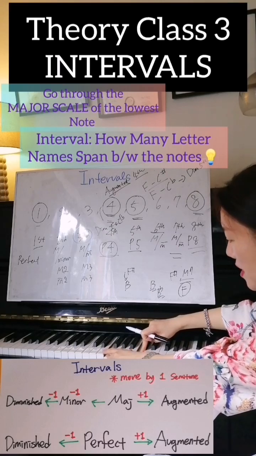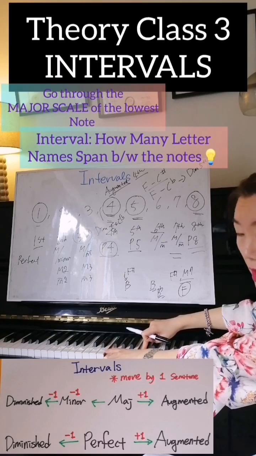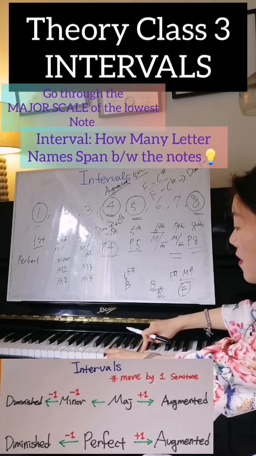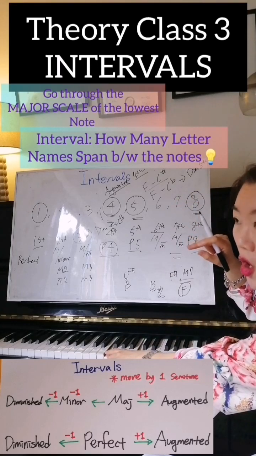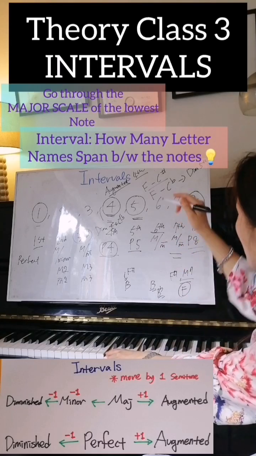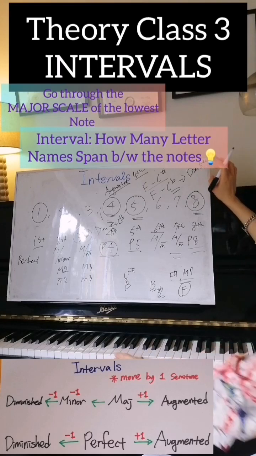You cannot say B because it's fifth. If you're trying to maintain the fifth interval, you must use the letter name fifth above F. Remember that the number of interval is based on how many letter names span between the notes. So we must use the letter name C to describe the fifth.